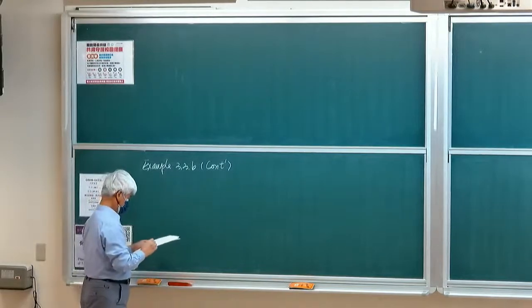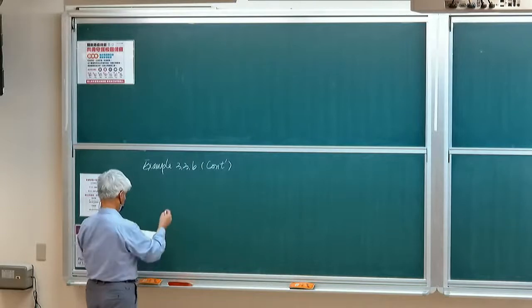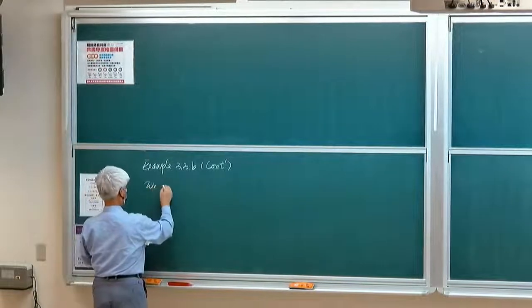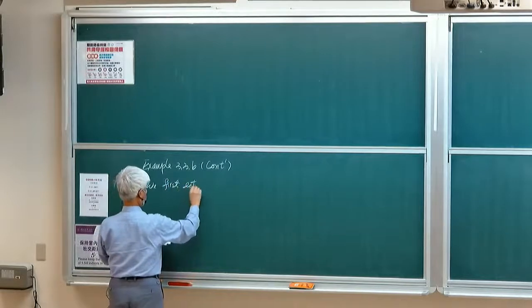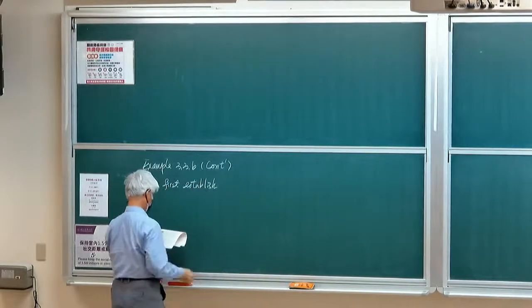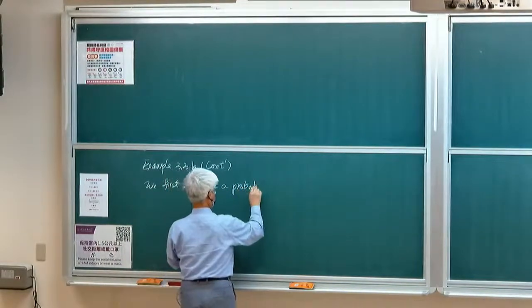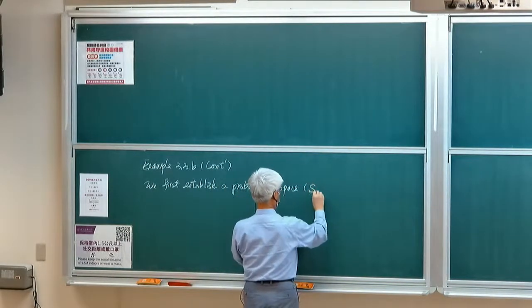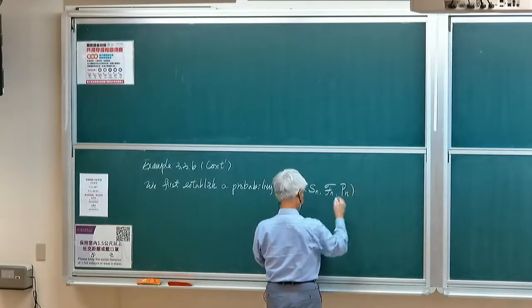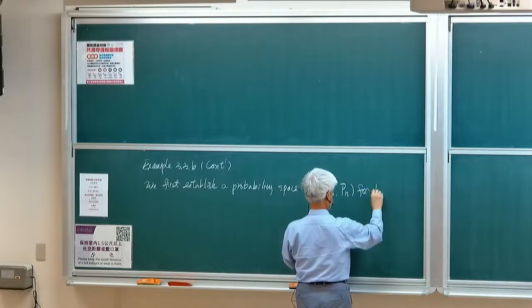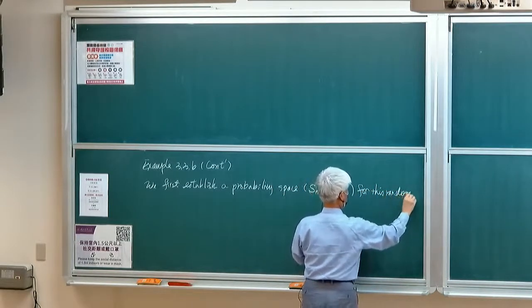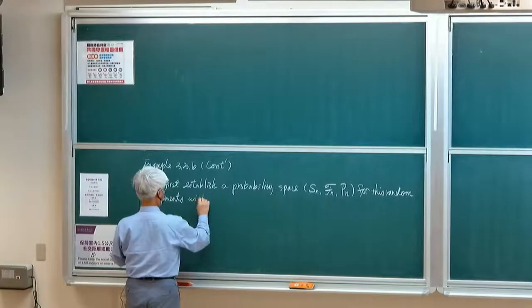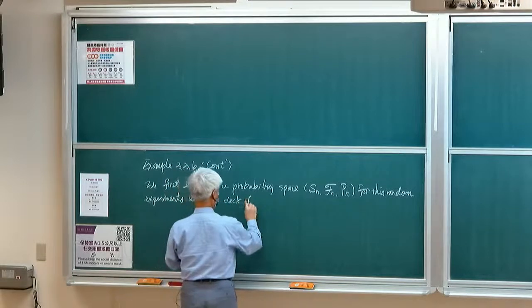All right, so we first establish a probability space Xn, Fn, and Pn for this random experiment with a deck of n cards.